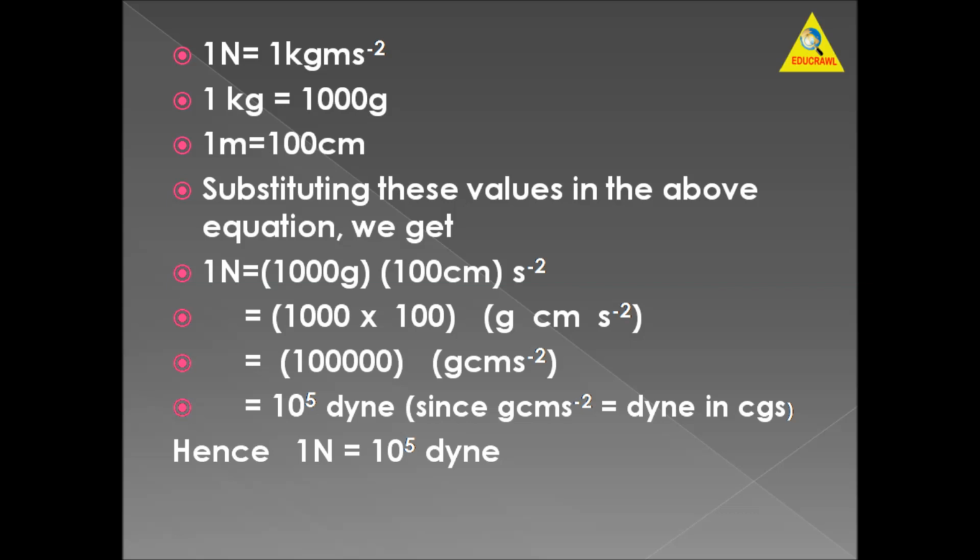Gram centimeter per second square is nothing but what we had seen as 1 dyne. So instead of gram centimeter per second square, we introduce 1 dyne. So 1 Newton is equal to 10 power 5 dyne. Now we have arrived at the relation between Newton and dyne.